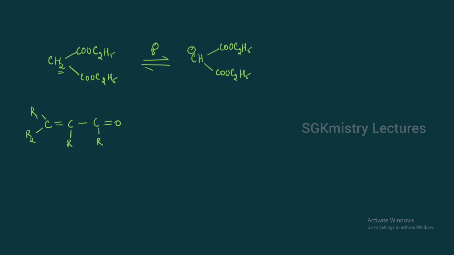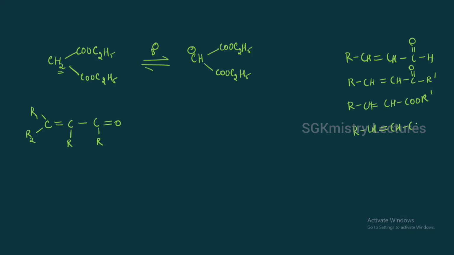You can take RCH=CH-CHO, RCH=CH-COR', RCH=CH-COOR', or RCH=CH-CN, where cyano group, ester group, ketone, aldehyde, you can take any of these substituents. Because of that, you can take any of these substrates for this particular reaction.